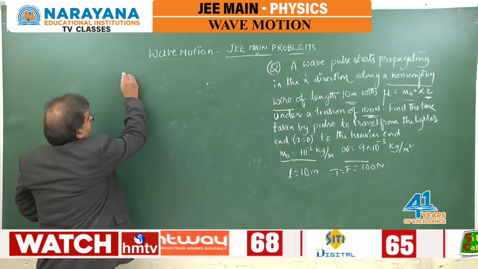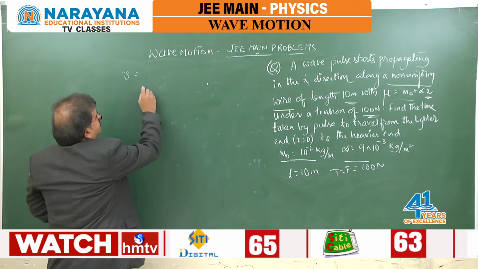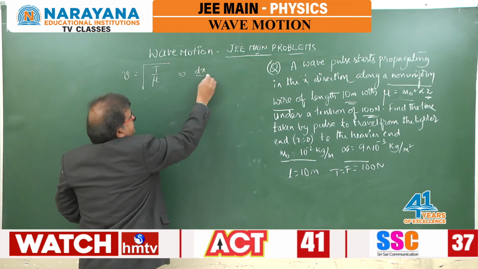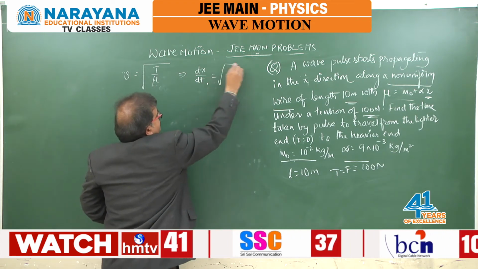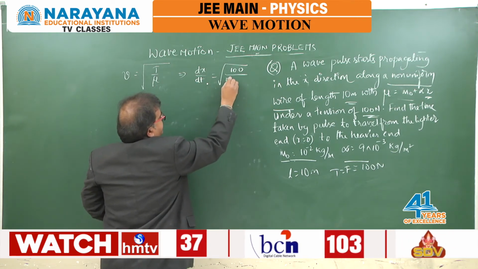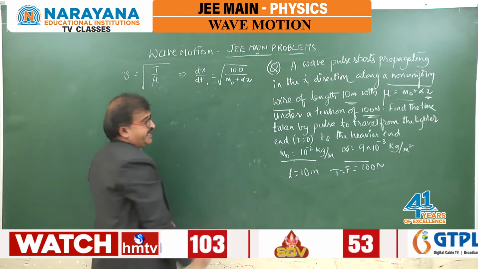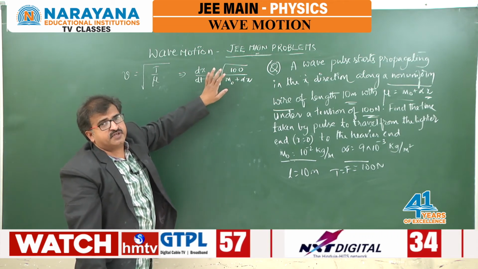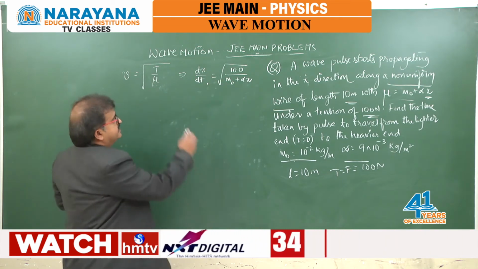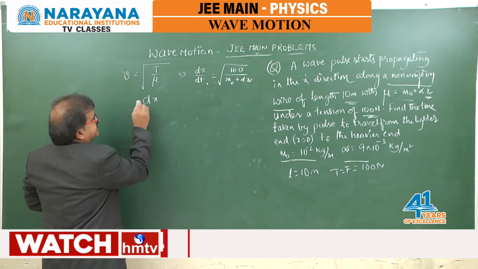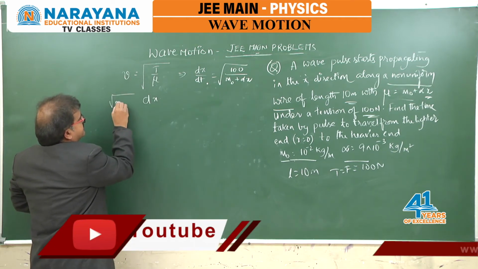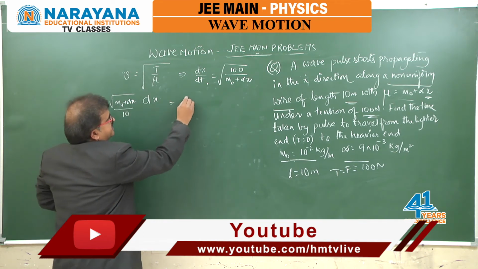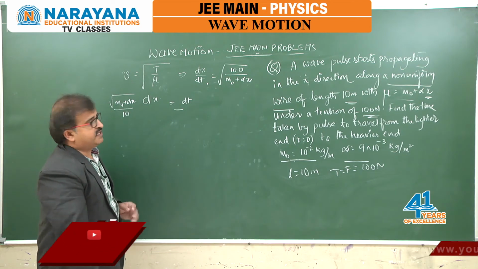So here the velocity v equals root over T by mu, which implies dx by dt equals root over 100 by mu naught plus alpha x. Rearranging the variables onto the same side, we get dx multiplied by root over mu naught plus alpha x divided by 10 equals dt.